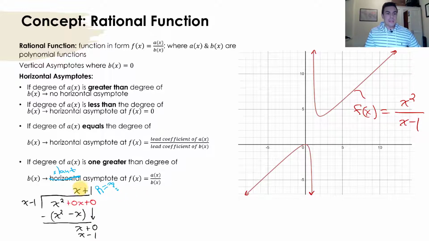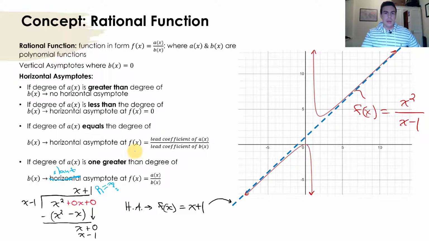All I need is the linear function that I get as my quotient, without the remainder. So here my slant asymptote would be f(x) equal to x plus 1. If I go ahead and put that in, we can see I've got my y-intercept at 1, and we have a slope of 1.